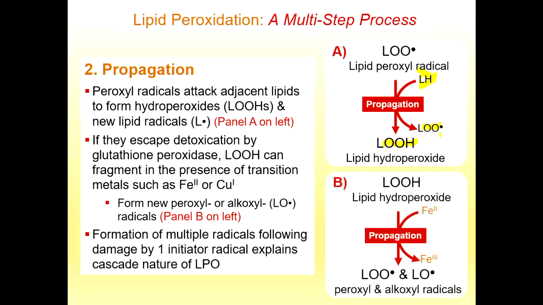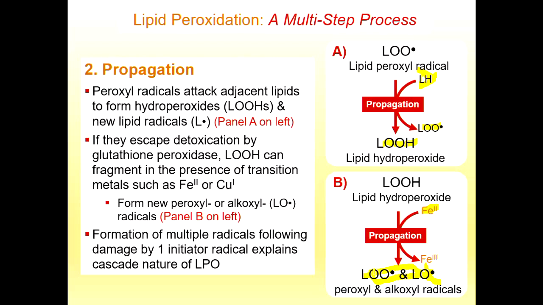But also the lipid hydroperoxide, if there's any iron around, undergoes oxidative reactions with iron and forms more peroxyl radicals and alkoxyl radicals. So I'm struggling with this mouse here today. But alkoxyl radicals, it's LO dot.